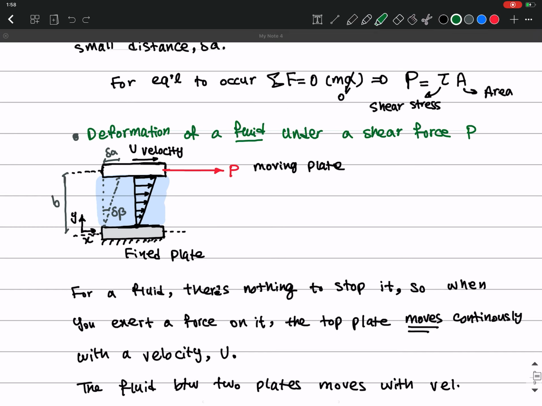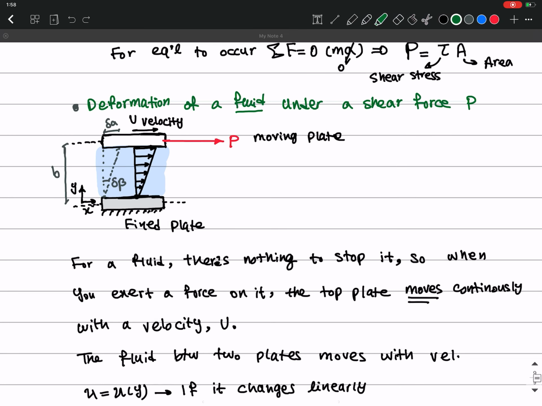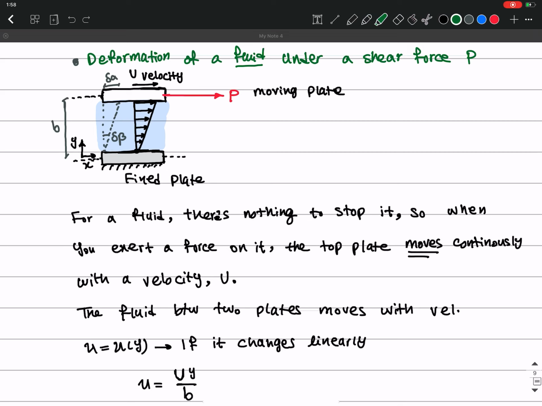But for a fluid, when you have fluid between two plates, the top plate is going to move continuously because there is nothing to stop it. Okay, so the top plate here is going to move if you have fluid inside here, like water, with a velocity U. And then based on that and the fact that the fixed plate at the bottom is not going to move, the velocity of the fluid near the surface here should be 0.